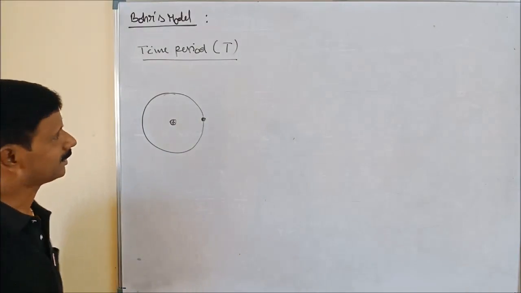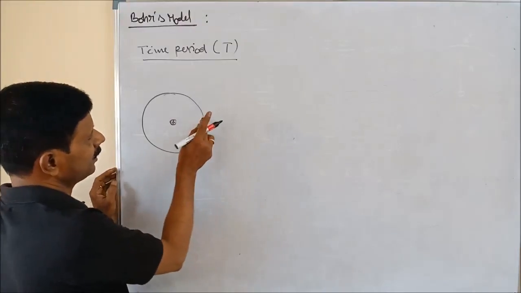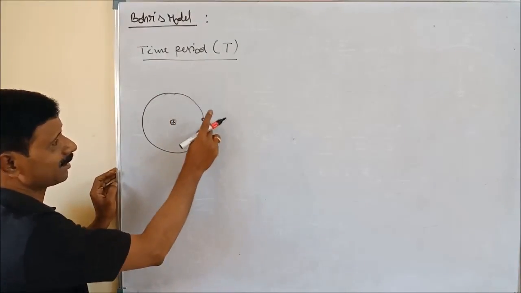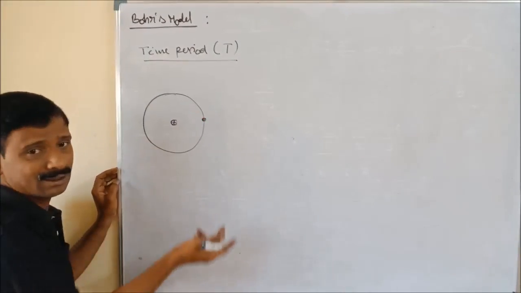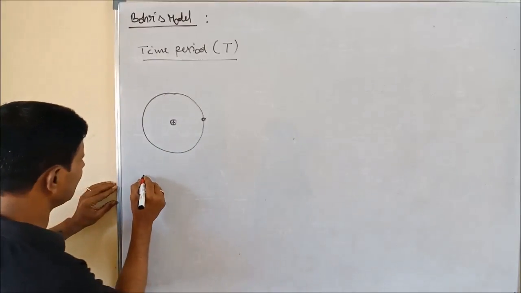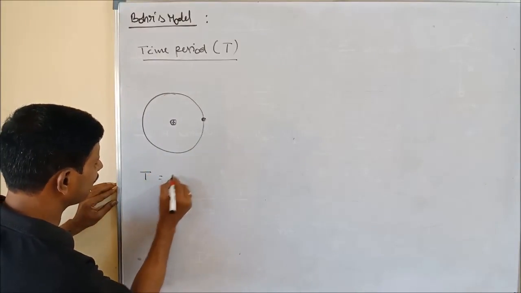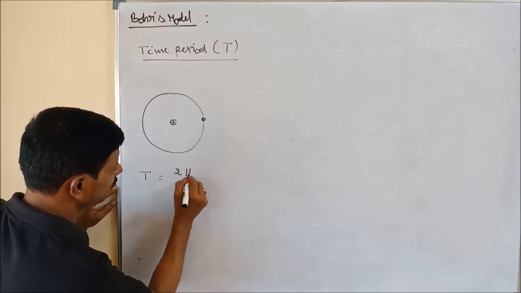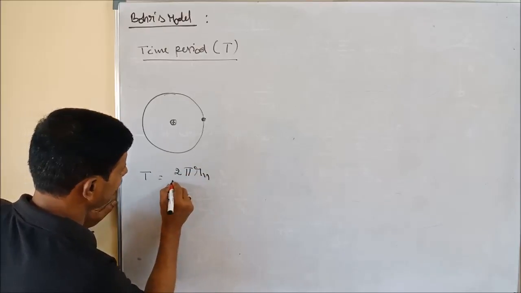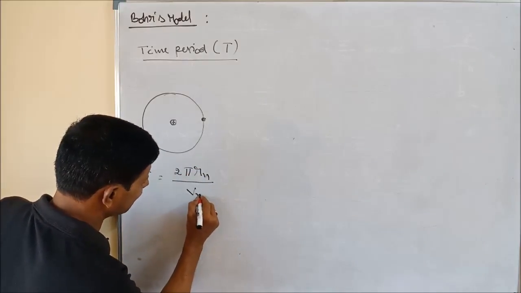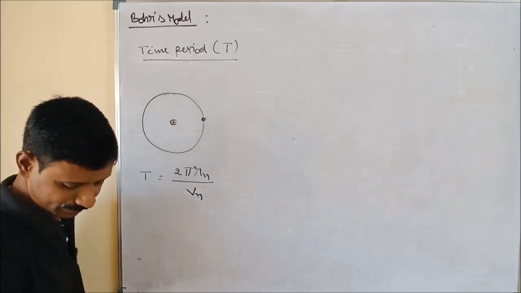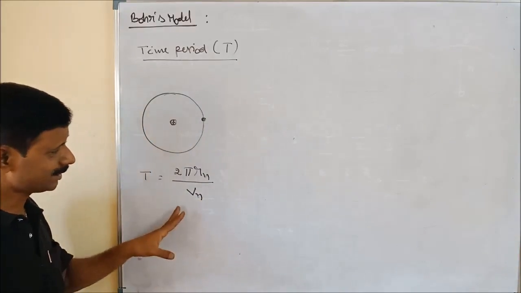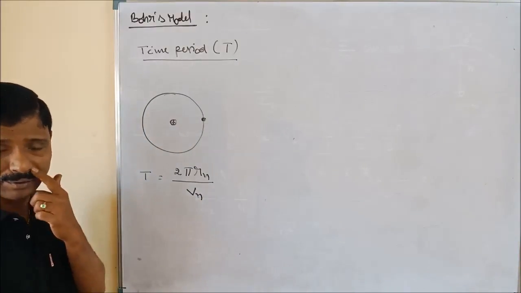Generally, the distance covered is the circumference 2 pi r and the velocity is Vn. So based on this, time period T equals circumference 2 pi rn by velocity of the electron in the nth orbit. This is the expression we have to use.